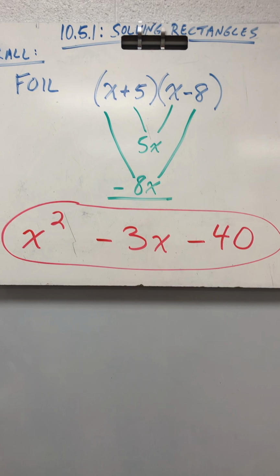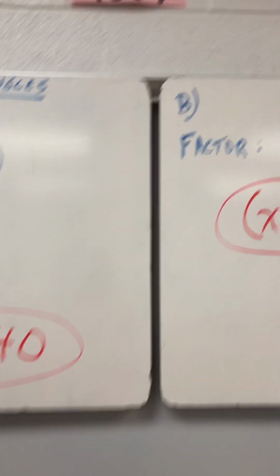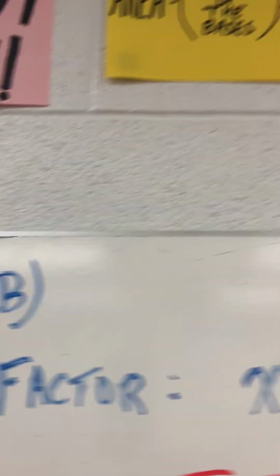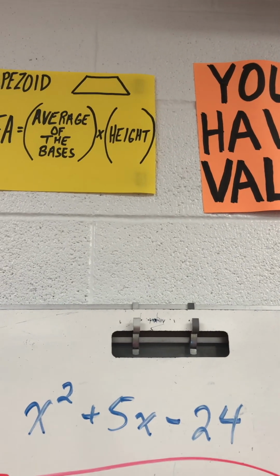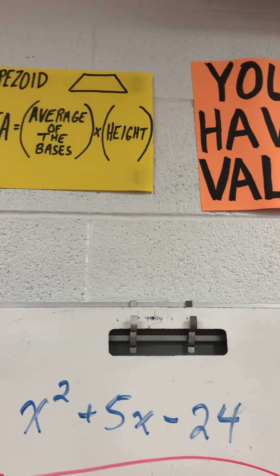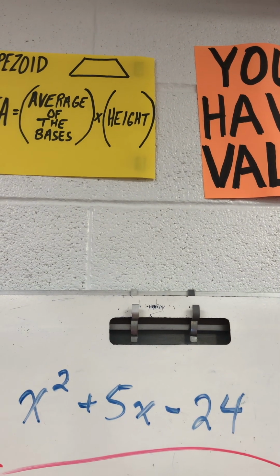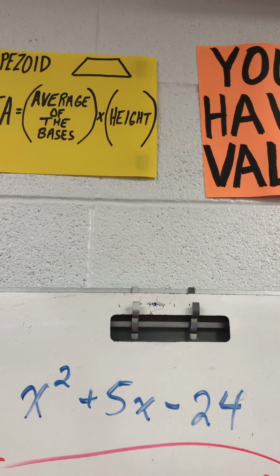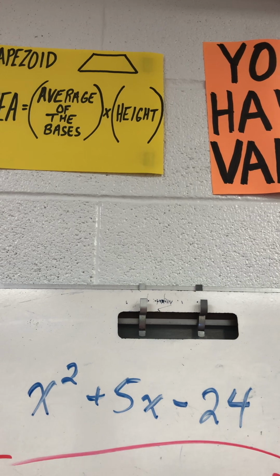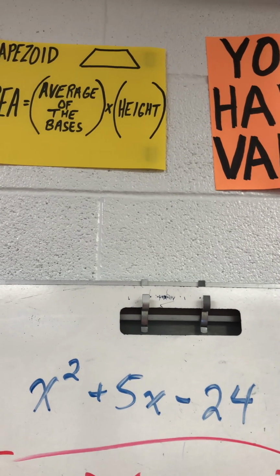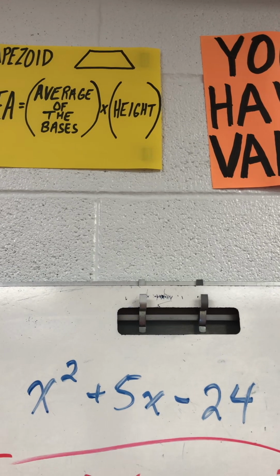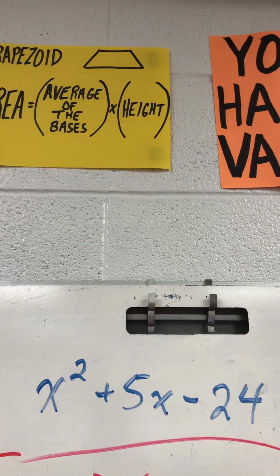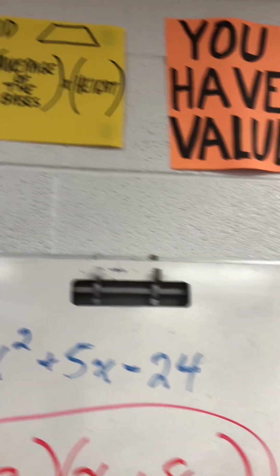If we go backwards, that's called factoring. So how do we factor, for example, x squared plus 5x minus 24? Well, we make two sets of parentheses. And we say what times what makes x squared, and what times what makes negative 24 that added together makes positive 5.